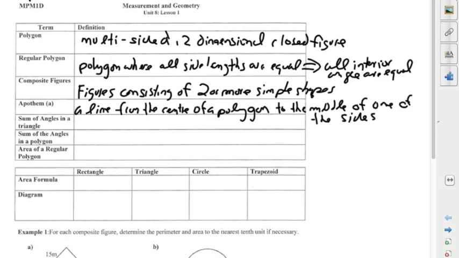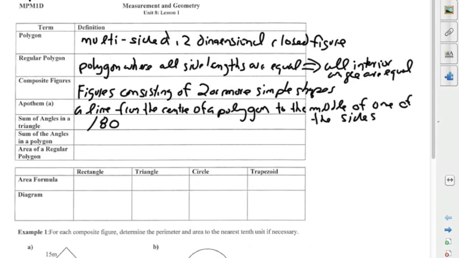Okay, sum of the angles in a triangle: 180. How about the sum of the angles in any polygon? It's 180 times n minus 2, where n is the number of sides.